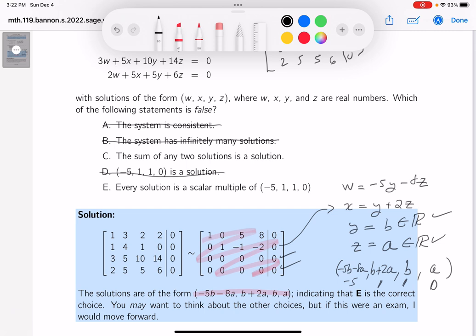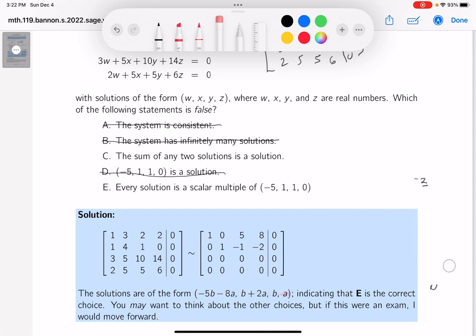We're looking for false statements, by the way. Okay, I've got C and E to consider. Just looking at those two, they're going to require a little bit of thinking. Let me erase this business over here. I'm having suspicions that E is not going to work out so well. They say that every solution is a scalar multiple of that.